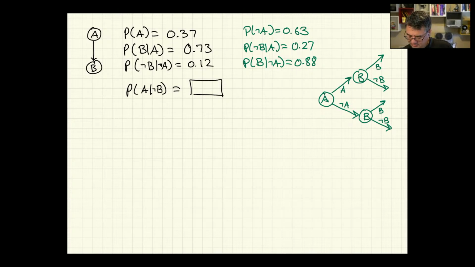Notice again that the probabilities are given as B given A, but I want to calculate A given B. So the variables are reversed, which means this is a good application for Bayes' rule. I'm going to write it in there.